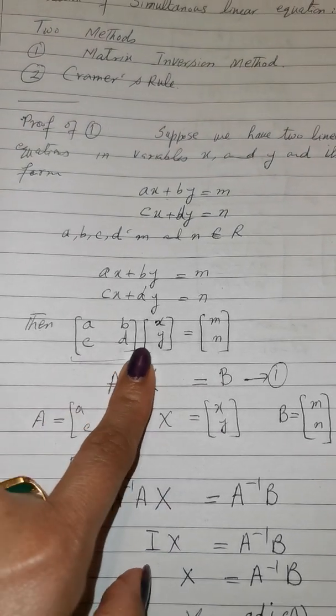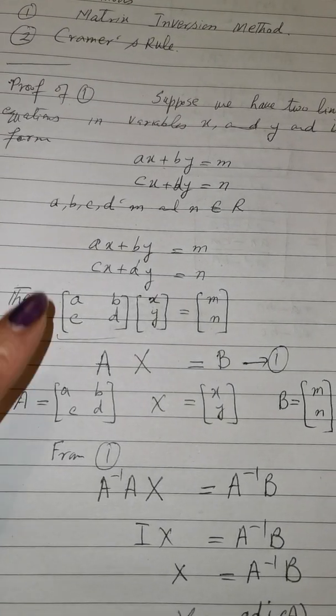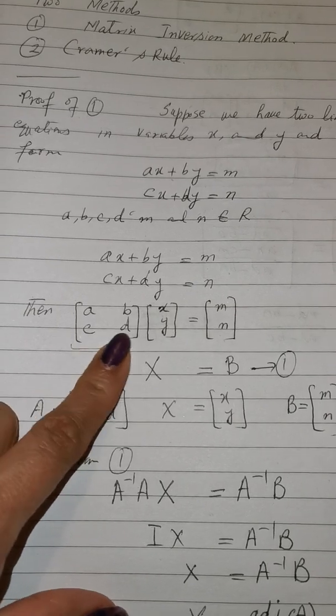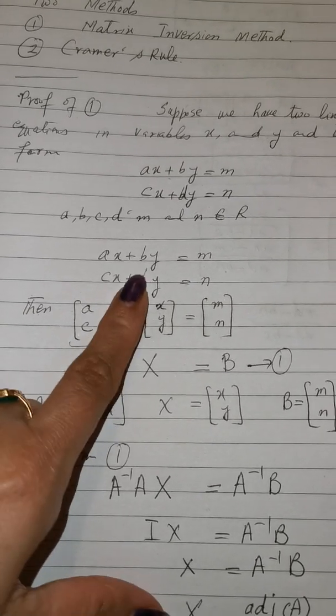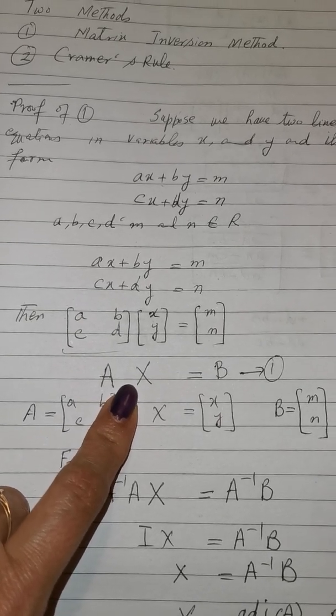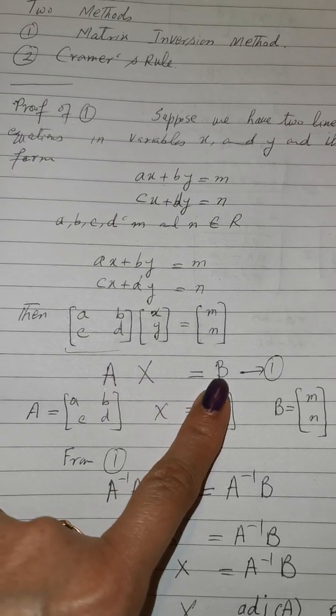And then name these matrices. Whenever we name a matrix, we will use capital letters. So for the first matrix, I will name it capital A, and for x, y, which is the matrix of variables, I will call it capital X, and for the constants I will call it B.